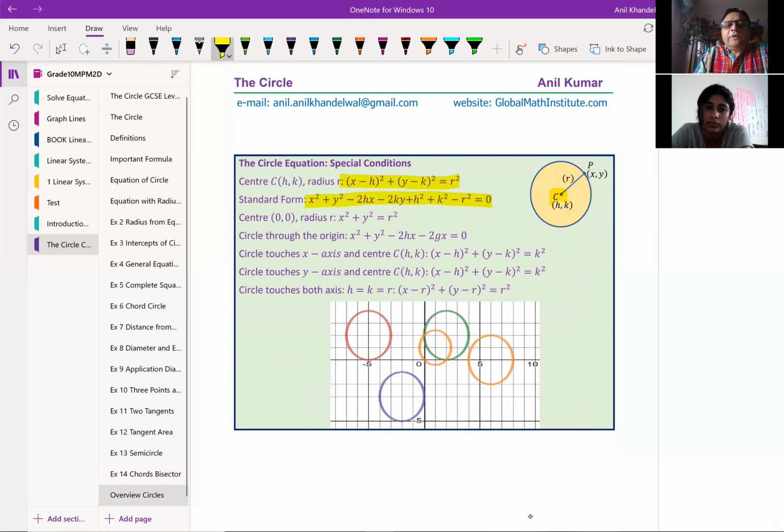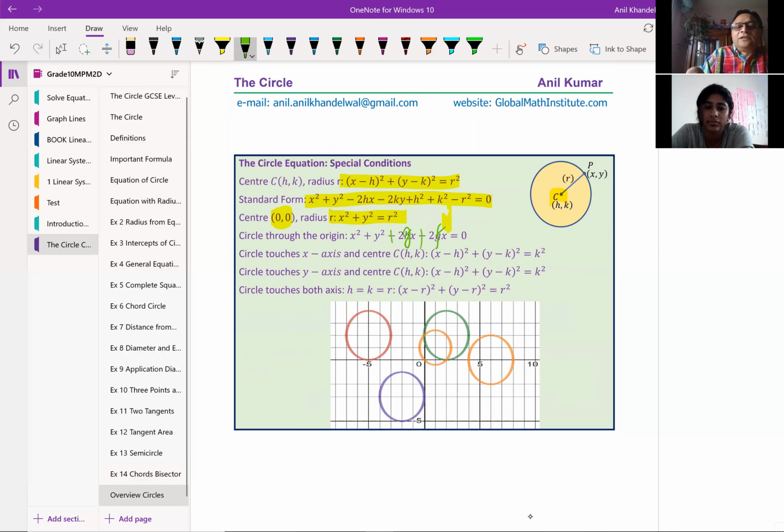Now, in between, if I use (0, 0) as my center, then the equation is much simpler: x squared plus y squared equals r squared, right? However, we didn't really like that much, so we moved on to the same equation, which I wrote in not a very standard form. Normally, you will write this with 2, and you'll change with g and f, right?